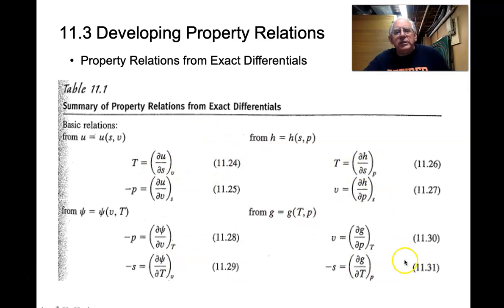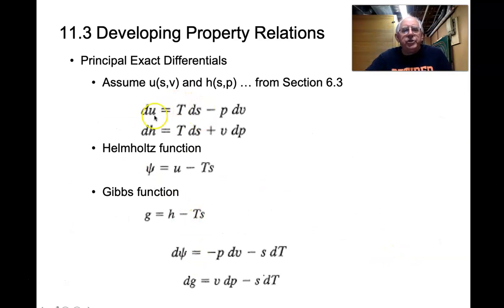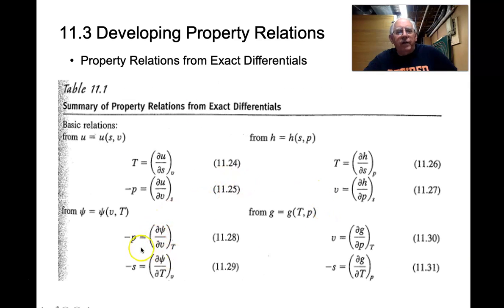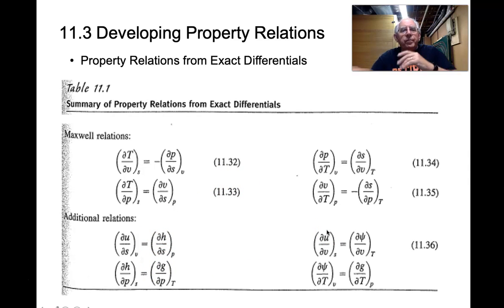The same thing was done for this equation here, for the Gibbs equation. And we saw relationships between those. And then some additional relationships, again, brought about by the various exact differential relationships and the like. And so we see a whole series of interactions and relationships among the thermodynamic properties.